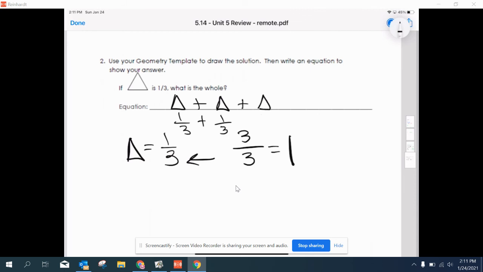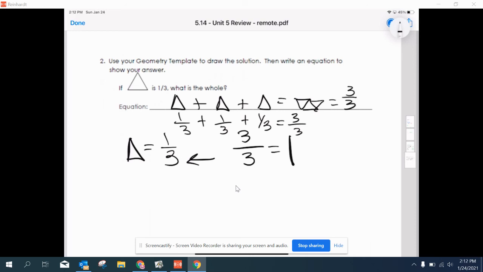Another triangle. I know that my fractions equal 3/3, and I know my 3 individual little triangles. Well, what kind of shape do we get when we do that? Let's see. I'm going to draw them like this. What shape is that? It's a trapezoid, and a trapezoid equals 3/3.